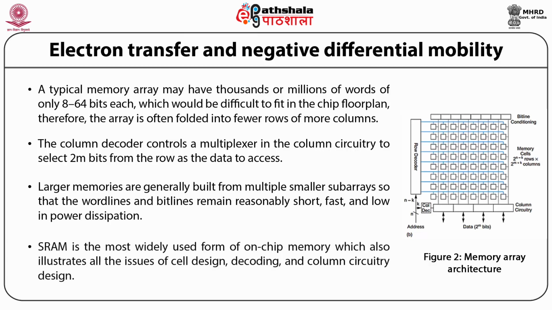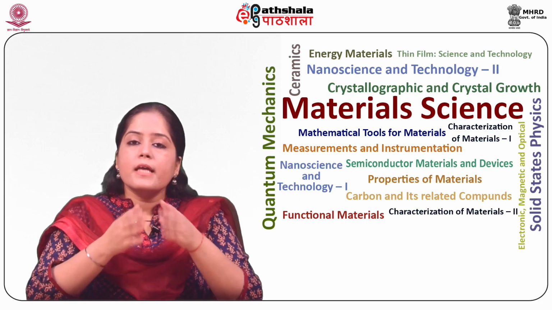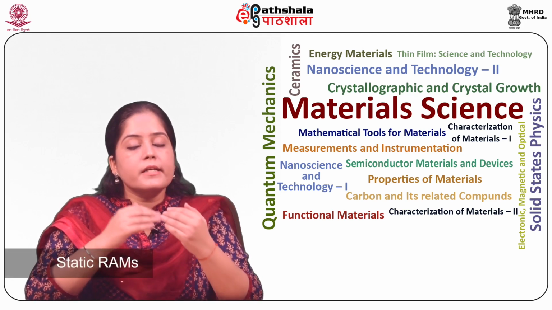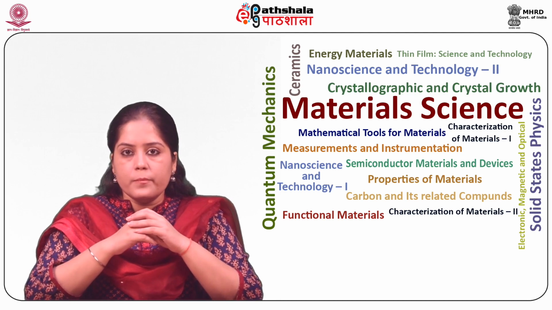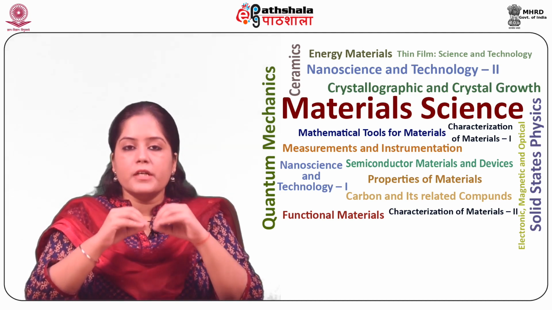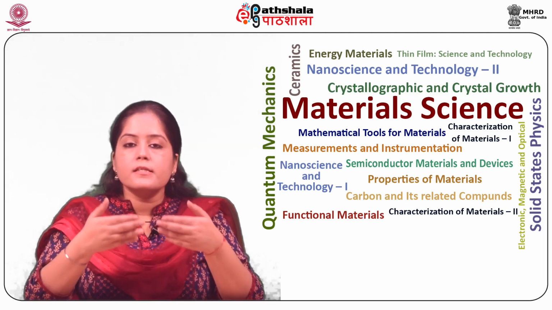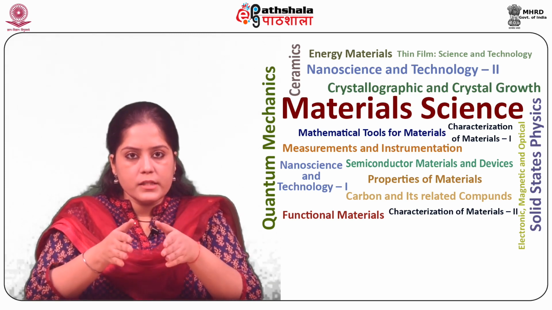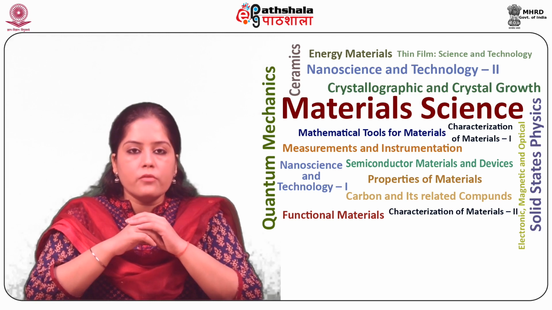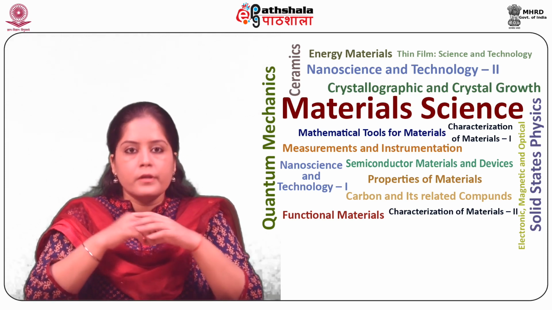Since SRAM is the most widely used form of on-chip memory, let us discuss the SRAM in more detail. SRAMs, or static RAMs, use a memory cell with internal feedback that retains its value as long as the power is applied, and have the following advantages.